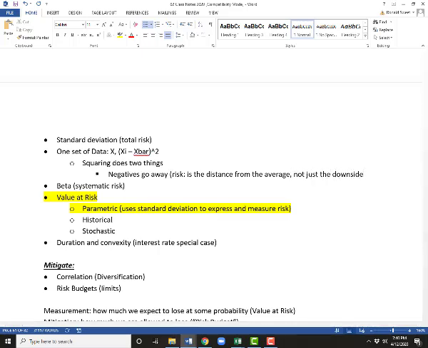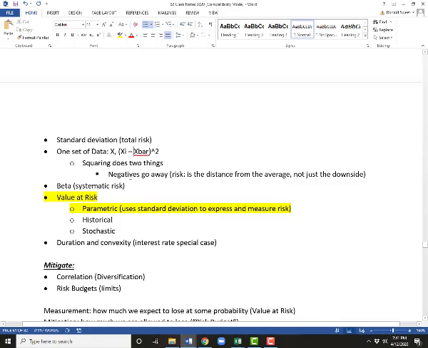If you made 1% in a month and the average was 0.5%, that gives you a positive number. If the next month you're down 5%, negative 5 minus 0.5 gives you negative 5.5. You square that, you still get a positive number. But if you get 10 minus 0.5, you square that, you get a big number.